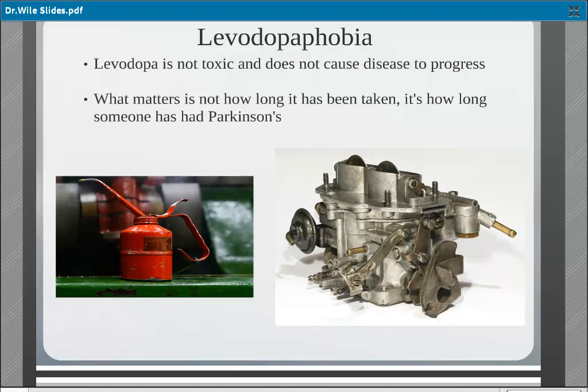People were worried that levodopa would accelerate Parkinson's disease. Many people know that there's a phenomenon called dyskinesia where people, when they're taking levodopa or some other medications, can get too much movement. So this has to do with how the brain handles and responds to medication over time.